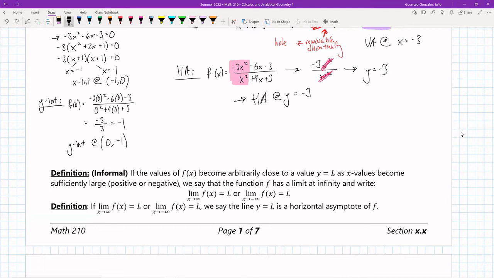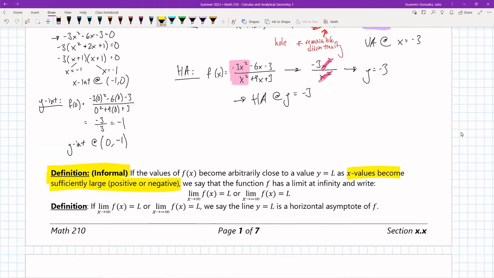So the informal definition, right? First of all, we're going to be taking the definition of a limit that heads toward infinity, okay? So suppose that your x values become sufficiently large, positive or negative. So we're basically saying that our x values are getting very, very big, either negative or positive, okay?